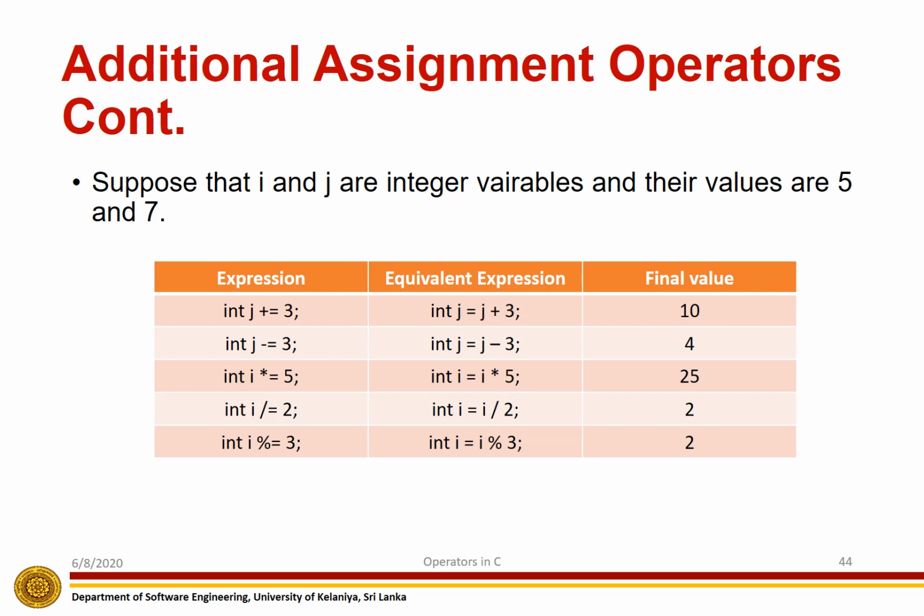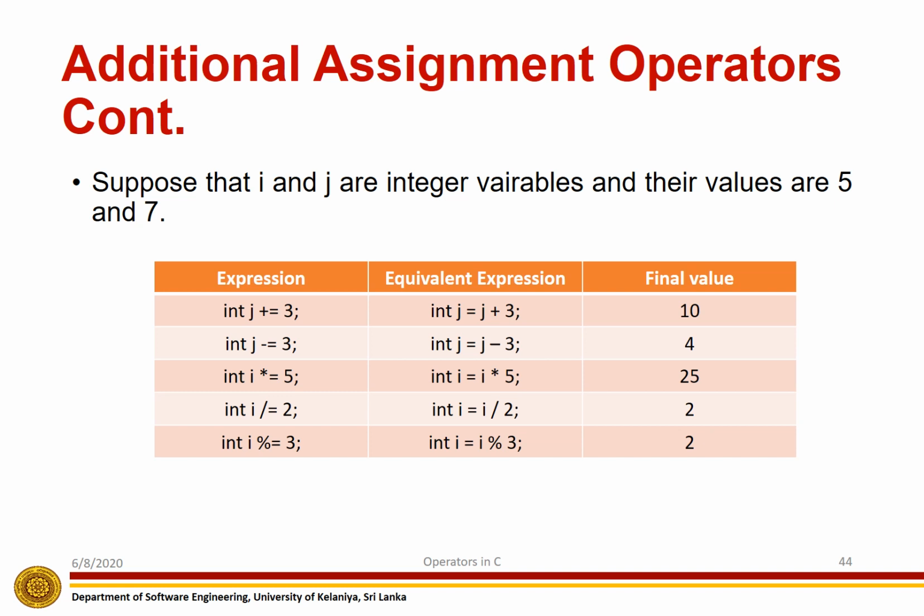Then the second one is j -= 3, then it means j = j - 3, then 7 minus 3, 4. Then the third one is i *= 5, then it means i = i * 5, then 5 multiplied by 5, 25.